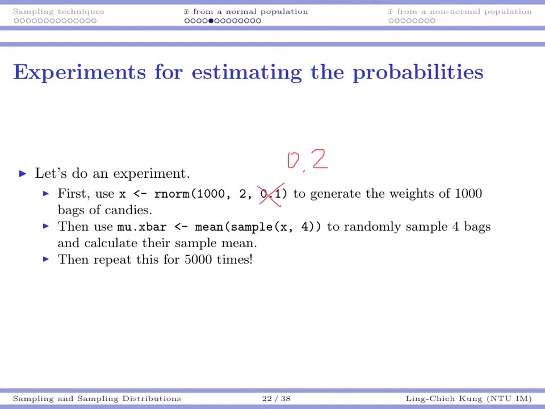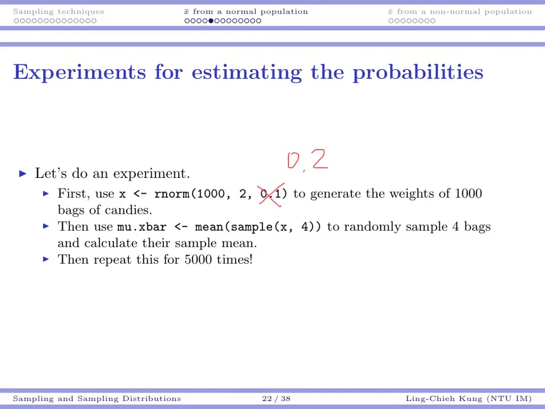This is because I want to calculate the mean value and the standard deviation for my sample mean. If I only collect one number, I cannot say that number is the mean of my sample mean, right? Because the sample mean is random. Today you get a sample mean, that's a number.